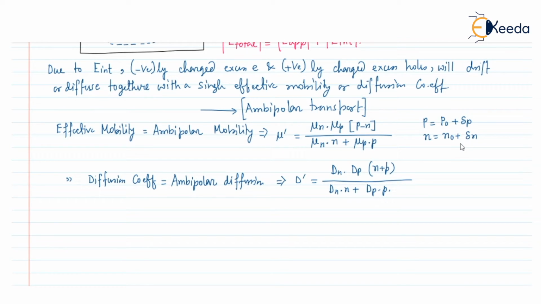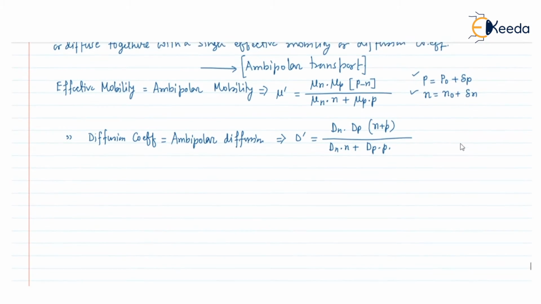Similarly, n and p will have this value. So mu dash and d dash are constant because electron and hole concentration N and P will also contain the excess electron and hole concentration respectively. So we can write the mu dash and d dash as follows.